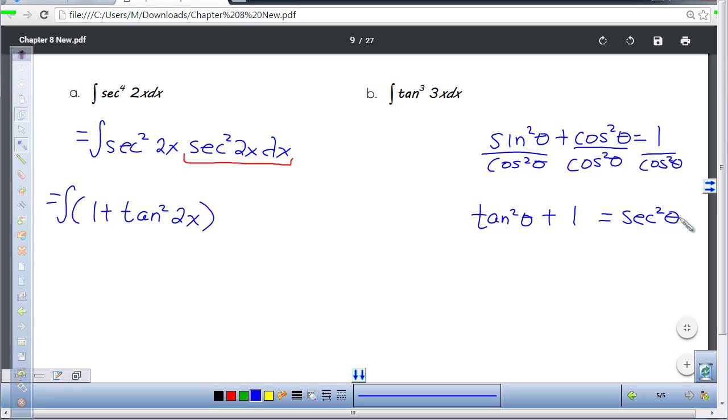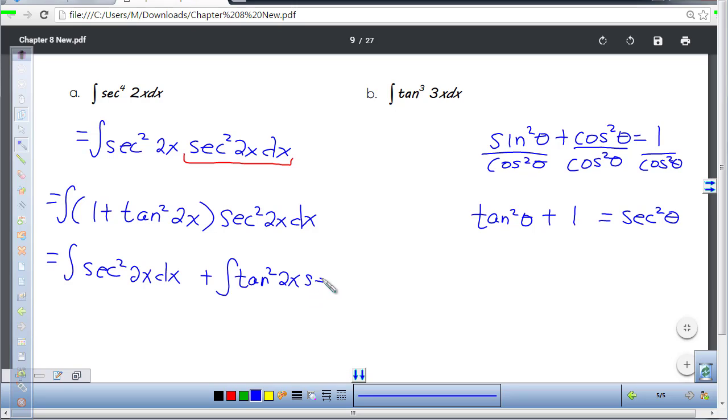Okay, so 1 plus tangent squared 2x, and then I've got secant squared 2x dx. So we get the integral of secant squared 2x dx plus the integral of tangent squared 2x secant squared 2x dx.